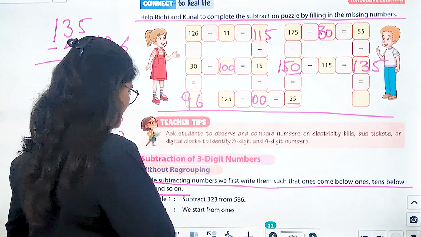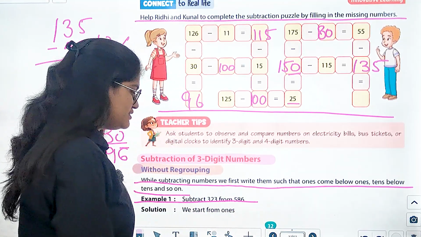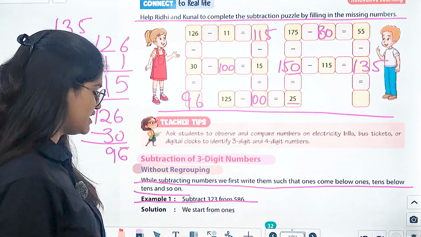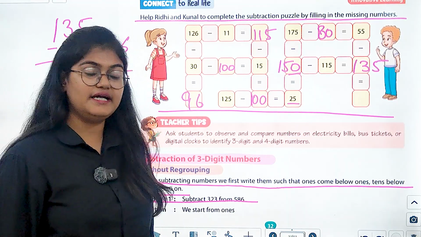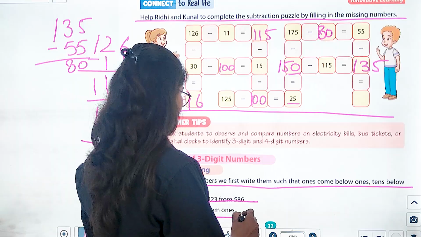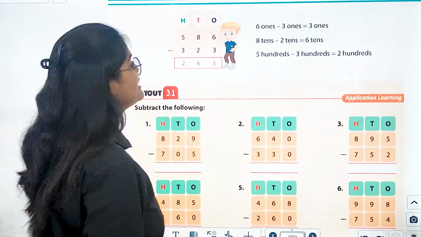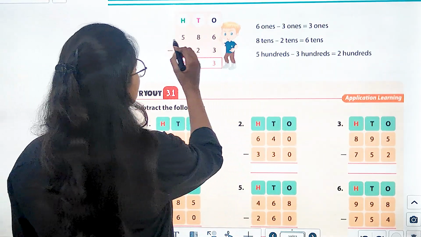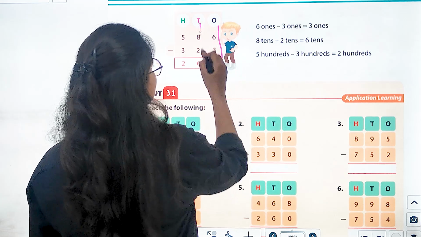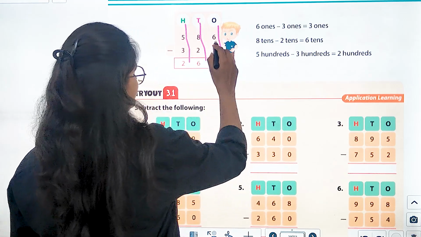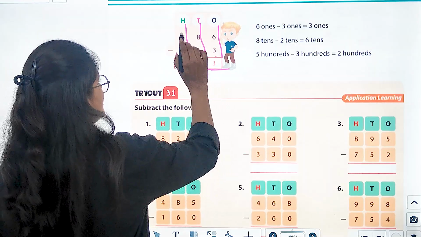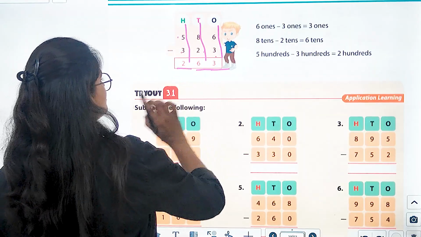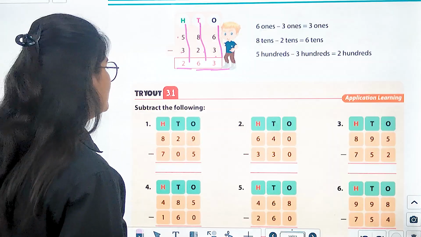The example is subtract 323 from 586. We start from 1, just like this, ones, tens and then hundreds. So 6 minus 3 is 3, 8 minus 2 is 6, 5 minus 3 is 2, right?